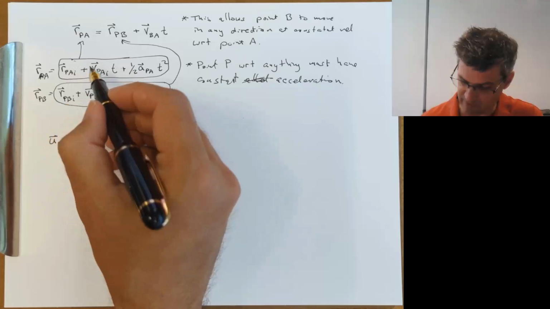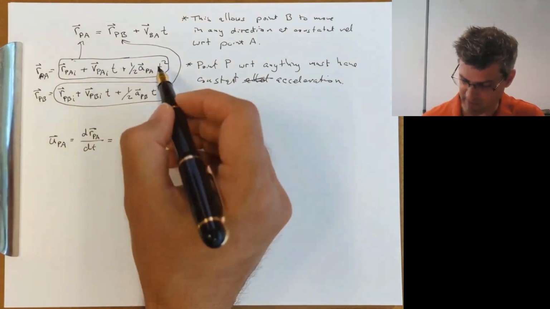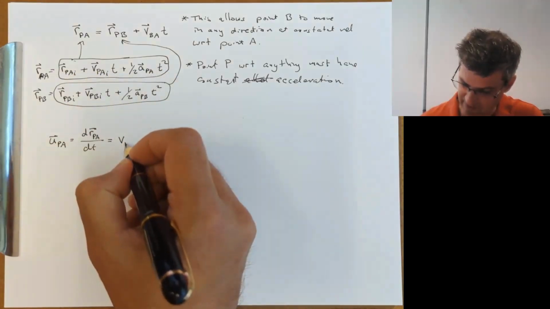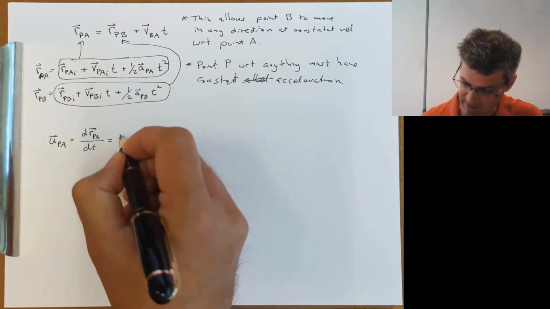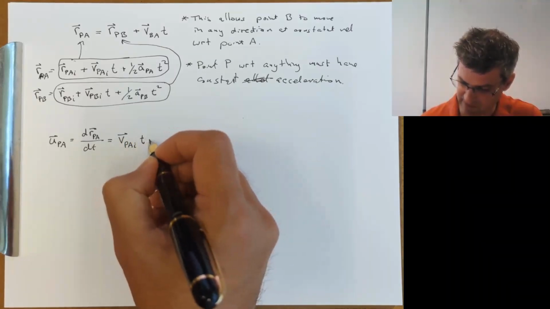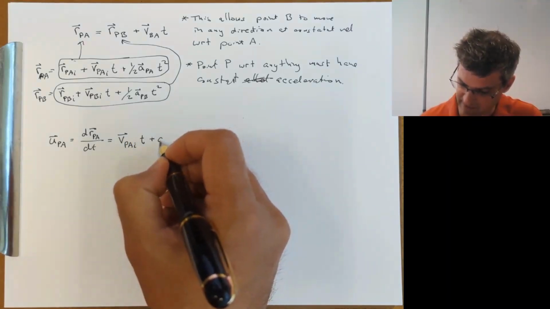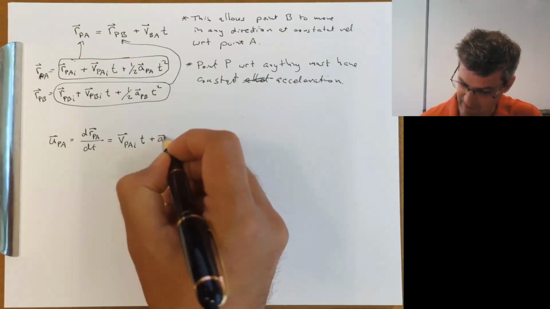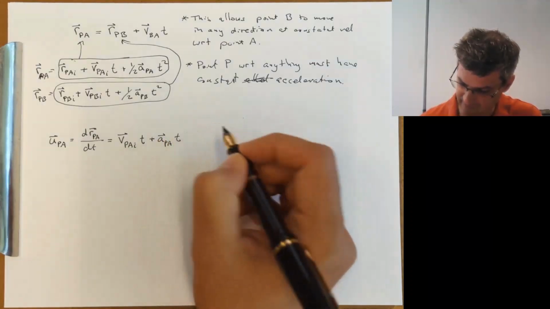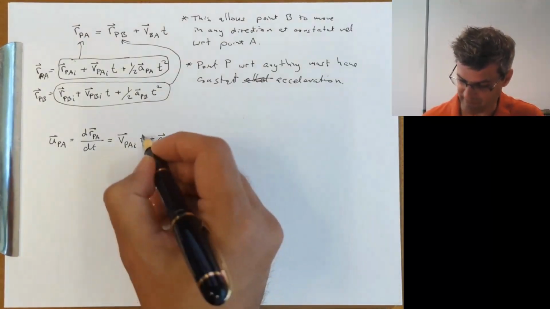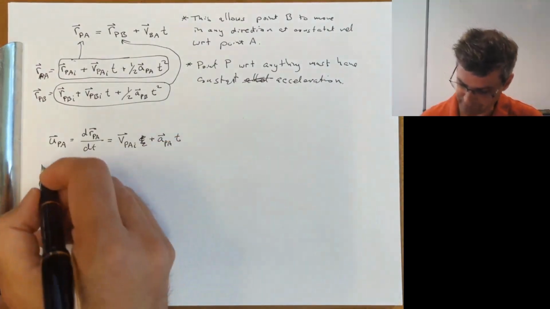And I take the derivative of this box with respect to time, and I get V PA initial plus A PA t. Sorry, there's no t in the first term.